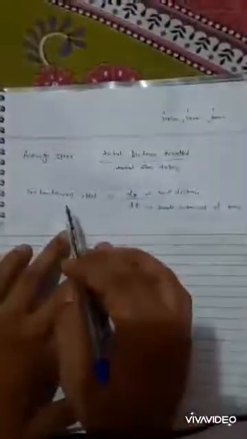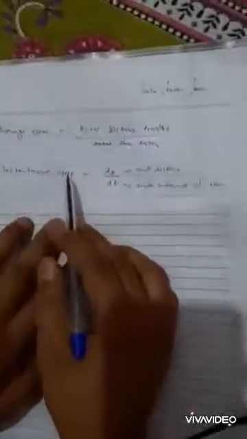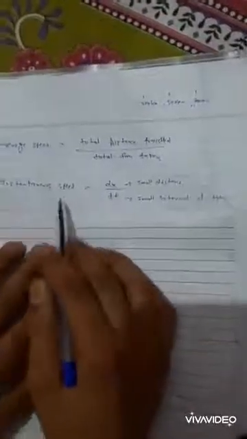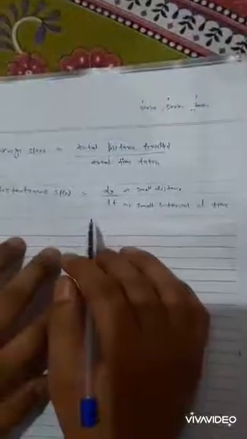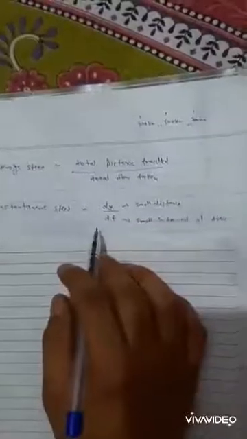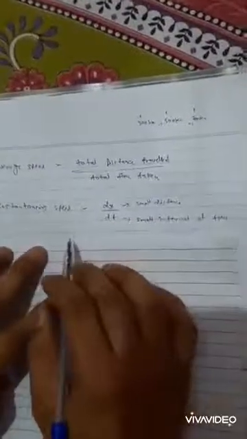Now next is instantaneous speed. So most of the students get confused with this term and this topic, so let's clear it. So instantaneous speed is speed at any particular point. Let's understand that: I am giving you a video daily, and you will say the whole video is good, so that is about the average of the video.